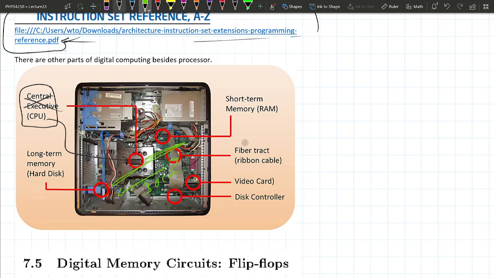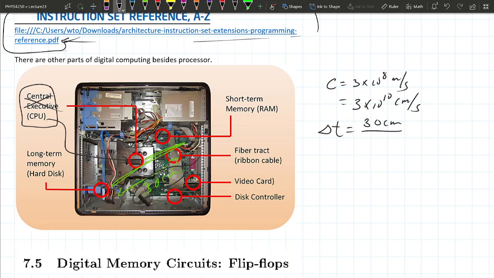Okay. So how long does it take for light to travel 30 centimeters, right? The speed of light is 3 times 10 to the 8 meters per second. If you want to change this to centimeters per second, it's 3 times 10 to the 10 centimeters per second, okay? So the amount of time for it to travel 30 centimeters is 30 centimeters over 3 times 10 to the 10 centimeters per second.